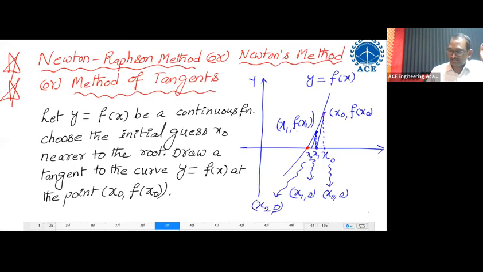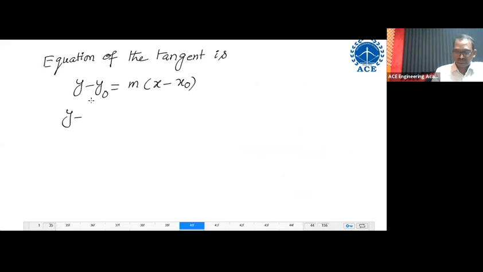Here y naught means f of x naught. The tangent passes through the point x naught comma y naught. So this is the equation of the tangent passing through x naught comma y naught. In our problem, y naught means f of x naught.